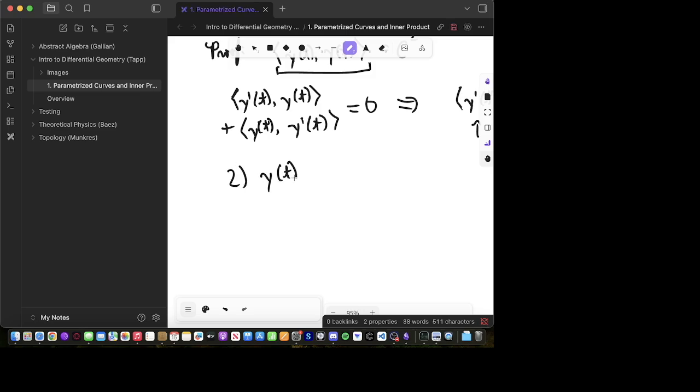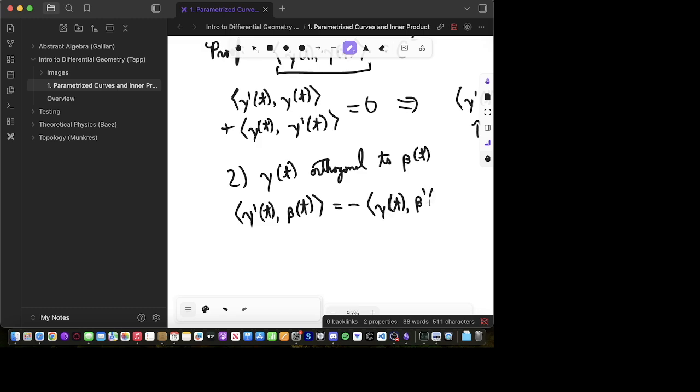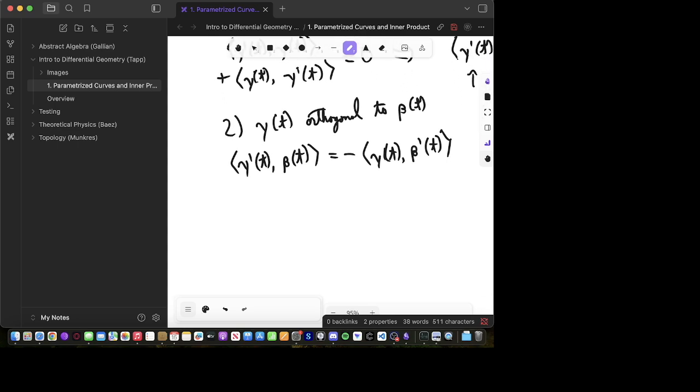Let's say we have that gamma is orthogonal to beta, then we have this. And if you looked at the proof for the first one, the proof for the second one might be pretty expected, because let's look at the proof. We start with the knowledge that the inner product of gamma(t) and beta(t) equals 0.